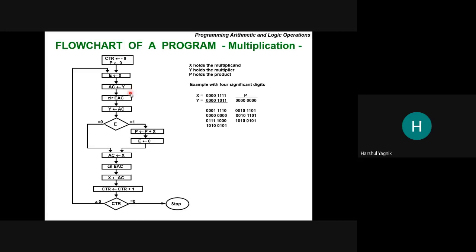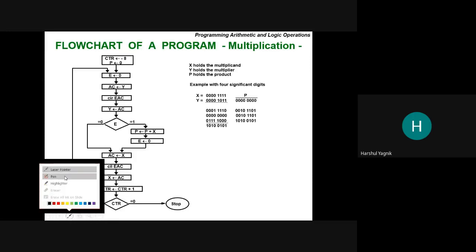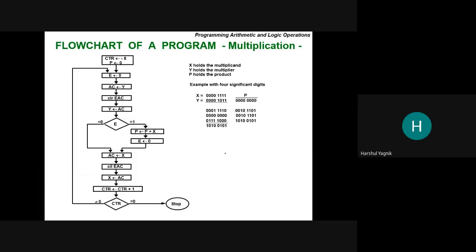How is the shifting done? Here shift to left, okay? How will this shifting be done? See, if our multiplier is 0, 0, 0, 0, 1, 0, 1, 1, and suppose E flag is 1, then in that case how will shifting left be done?